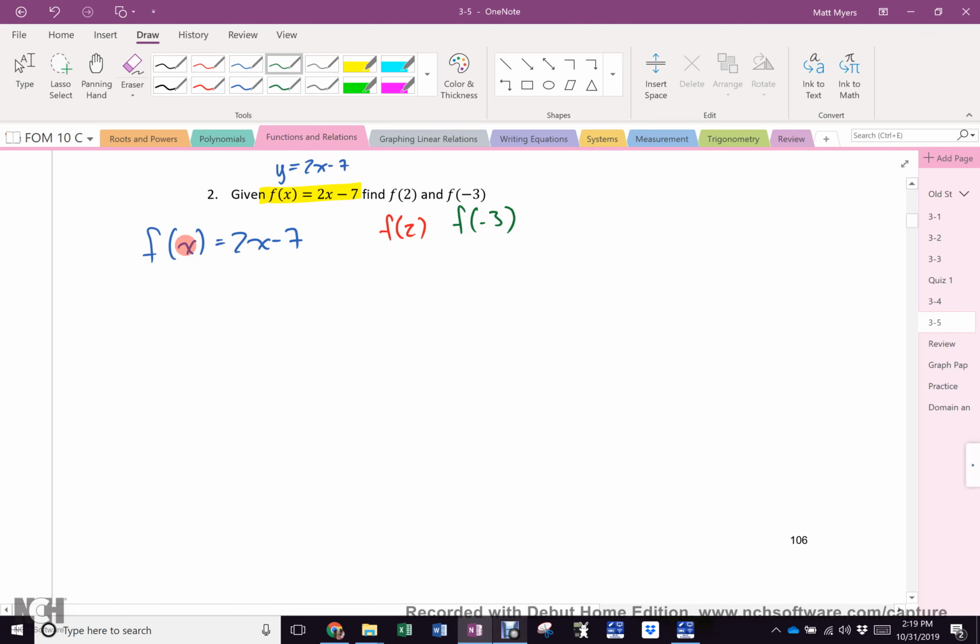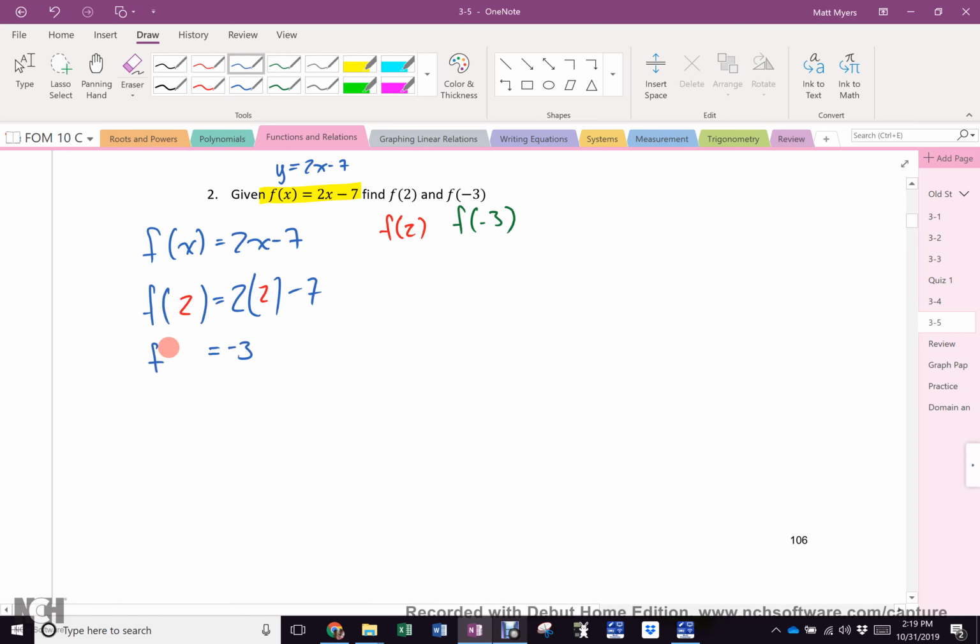What has that x become? So what does this x become? 2 equals 2 times what? 2 minus 7. What is 2 times 2? 4. What is 4 minus 7?